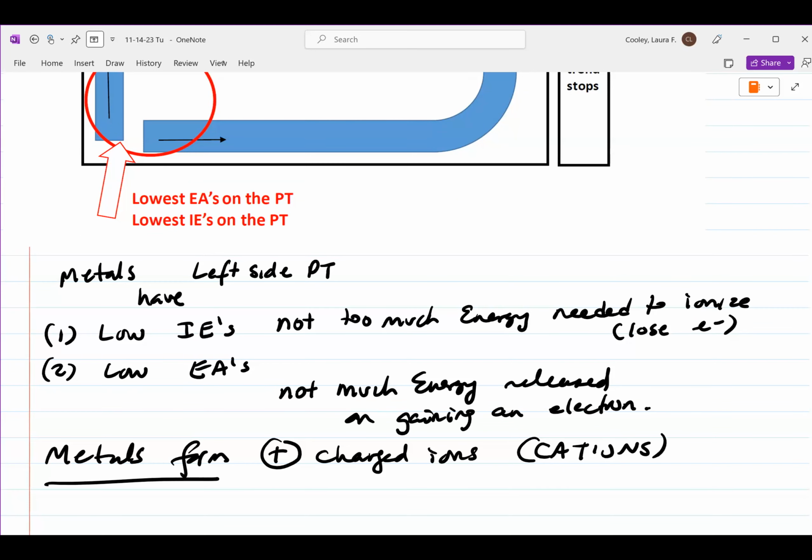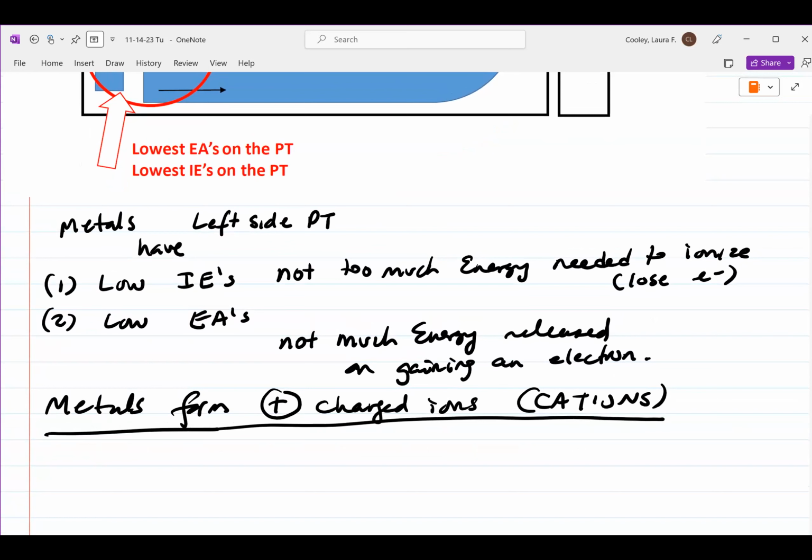How does this go with what we're talking about here? When you form a cation, you're pulling an electron away from an atom, all right? For metals, it doesn't require that much energy to do that, because they're on the low ionization energy side of the periodic table. So they more easily form cations.